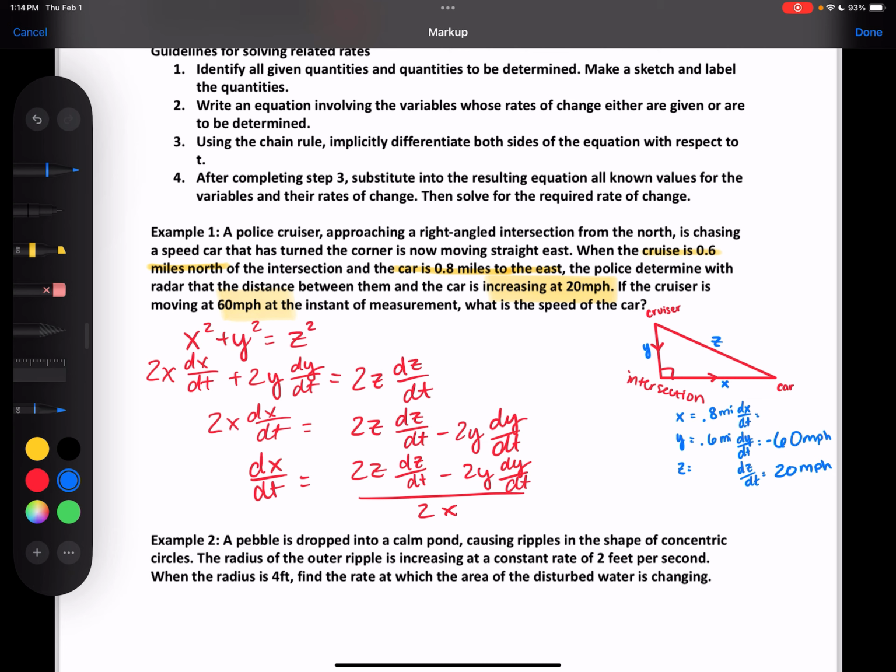So we can find z by doing the square root of 0.8 squared plus 0.6 squared. So sometimes it gives you everything, sometimes you have to find a piece, sometimes you have to do multiple things to find multiple pieces. It just depends.